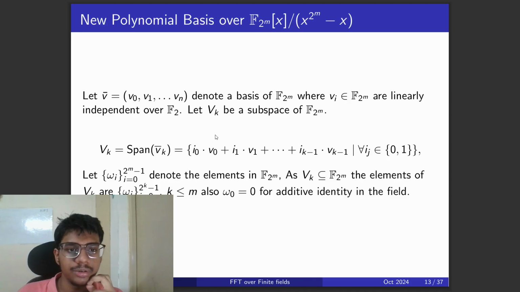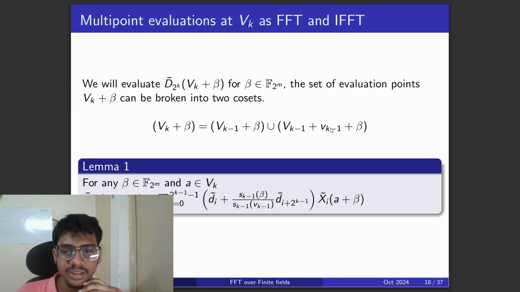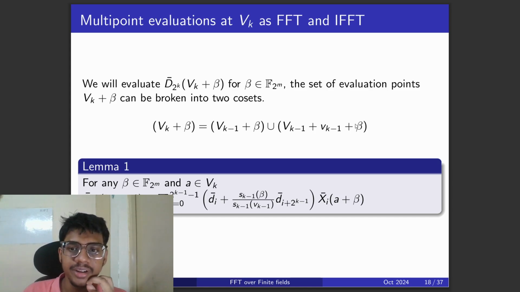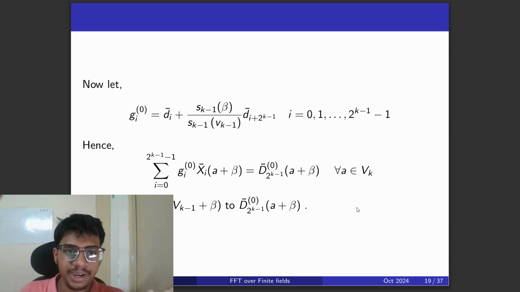So this is bk minus 1, which is originally the element k minus 1 of the subspace bk minus 1, and of course the plus beta, the additional point which we have added. There is one lemma: for any beta in the finite field, and also an element of the subspace Vk, we have this expression, which we can further manipulate.